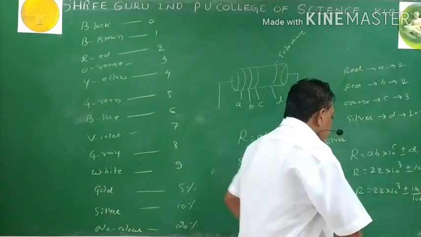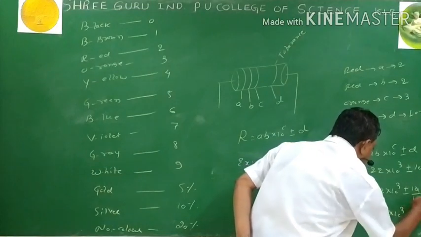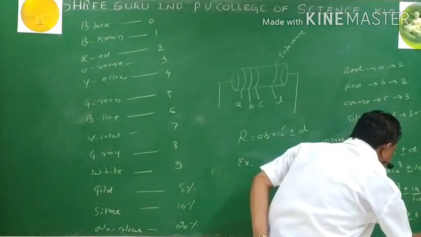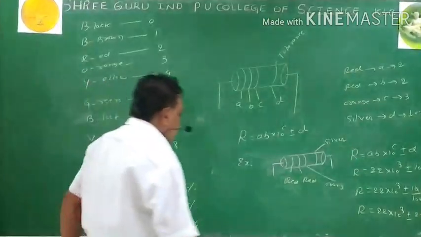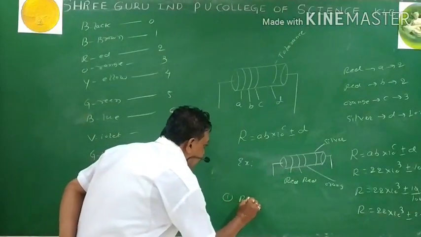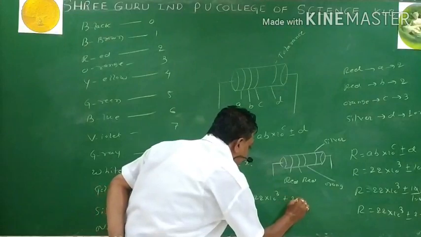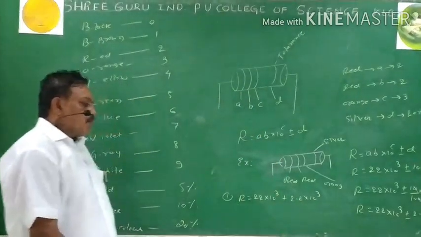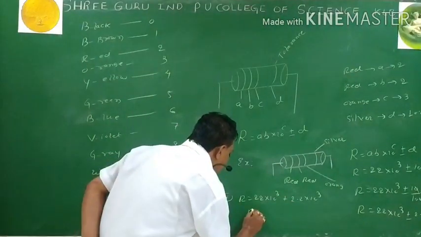R equals 22 into 10 to the power of 3 plus or minus 22 by 10, which is 2.2 into 10 to the power of 3. Then I go for making the two values. First one, R equals 22 into 10 to the power of 3 plus 2.2 into 10 to the power of 3. Power is the same. Power is common. 22 plus 2.2, 24.2. This is one value.